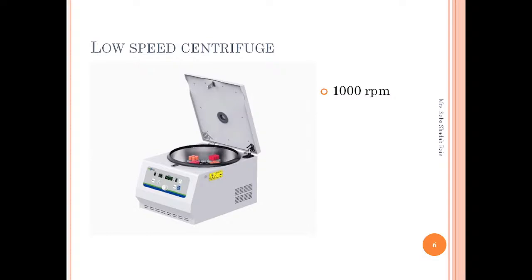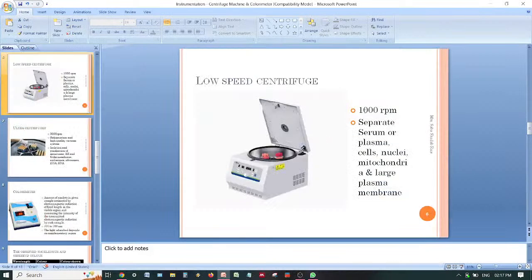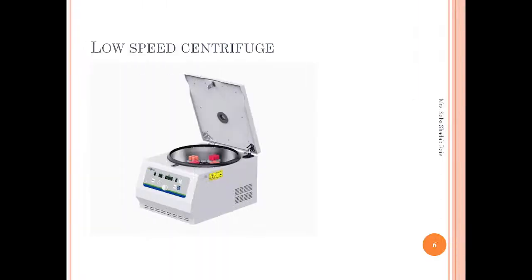It is a mistake, it is not 1000 rpm, it is 10,000 rpm. So up to 30,000 revolutions we can see in the normal machine which we are using in our laboratory. So it is having up to 30,000 revolutions per minute.